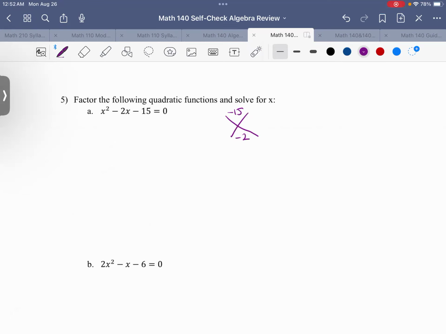Those two numbers would be -5 and 3. -5 times 3 is -15, and -5 plus 3 is -2. So what this factors into is x minus 5, x plus 3 equals 0.